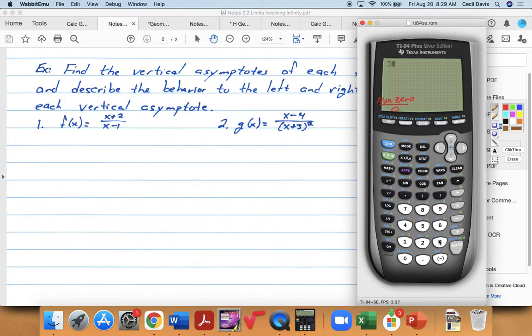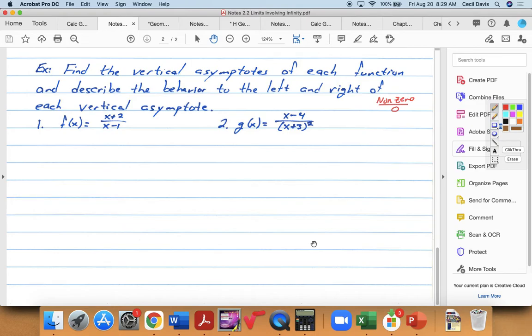If I take 3 and divide by something really, really small near 0, what kind of a number am I going to get? Something incredibly large. So if I have something finite that's non-zero divided by something that's very close to 0, I get something that is infinitely large.